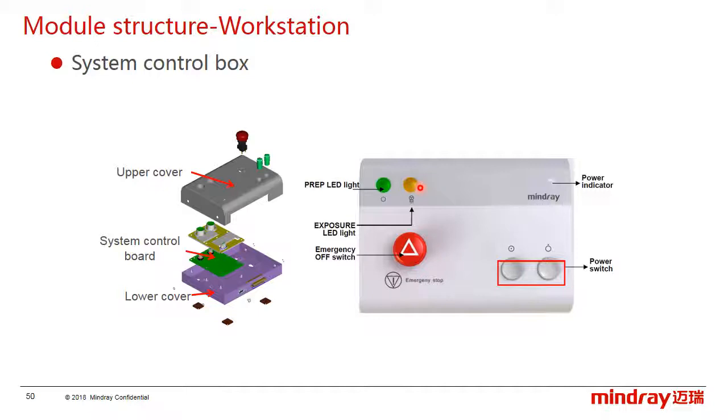The exposure indicator is yellow. It will illuminate when pressing the second grade of the hand switch. Furthermore, it provides the emergency stop and one key switch on and off for the system. The button on the left is switch on, and the right one is switch off.